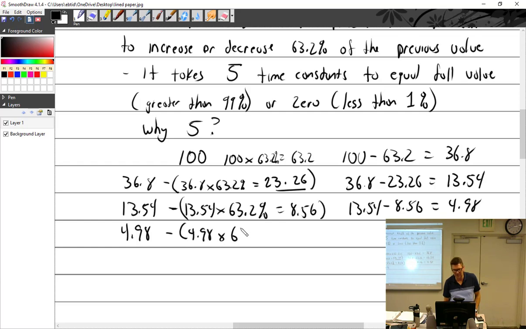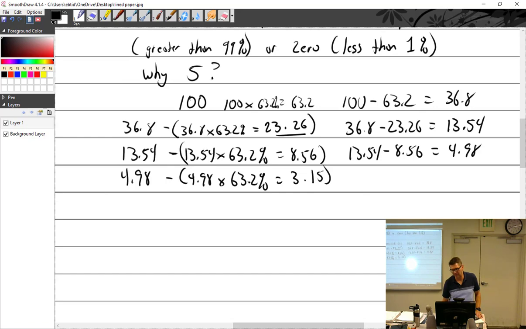That equals 3.15. So 4.98 minus 3.15 equals, I'm just looking at my notes here, 1.83.